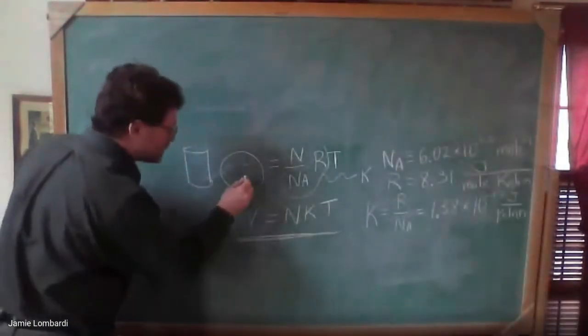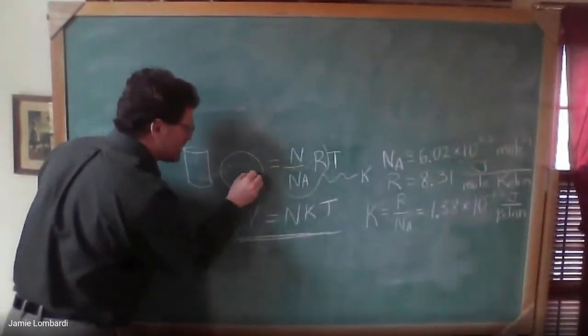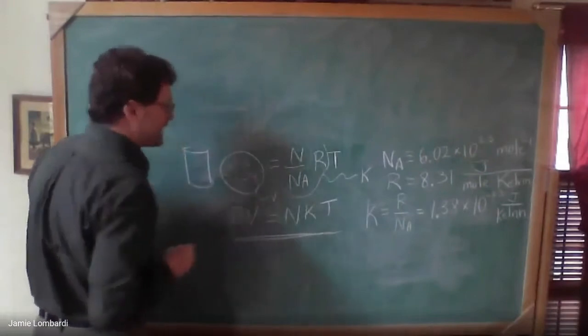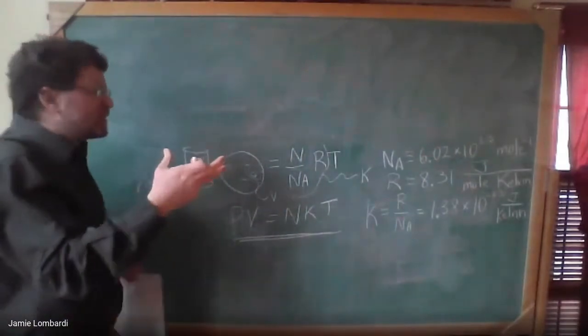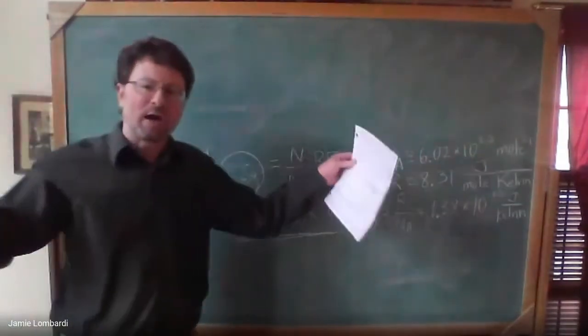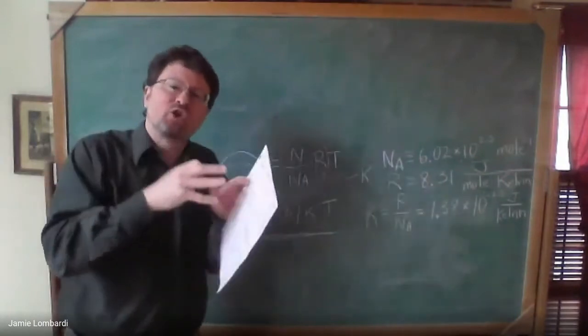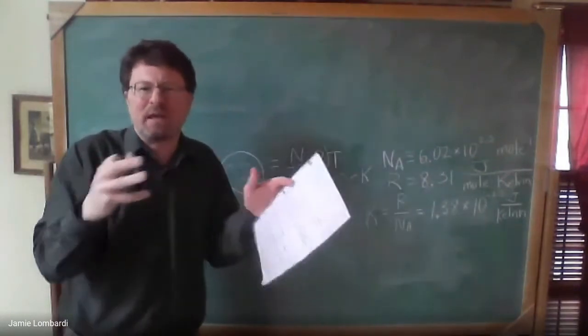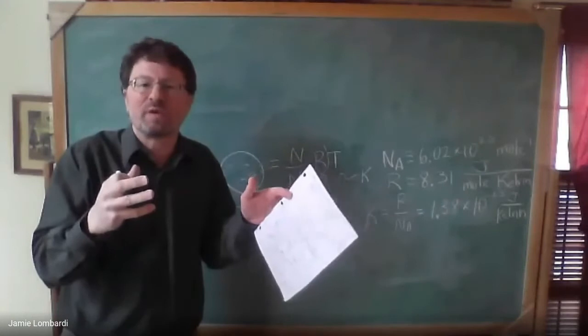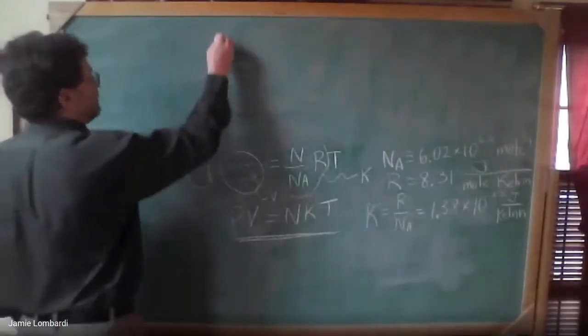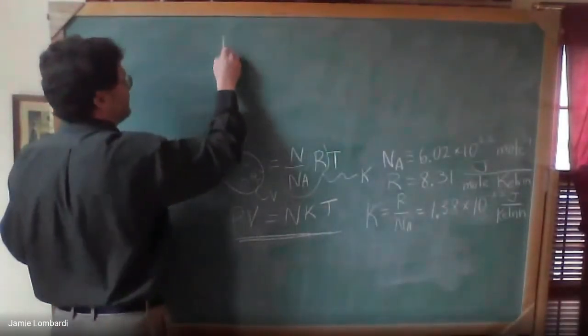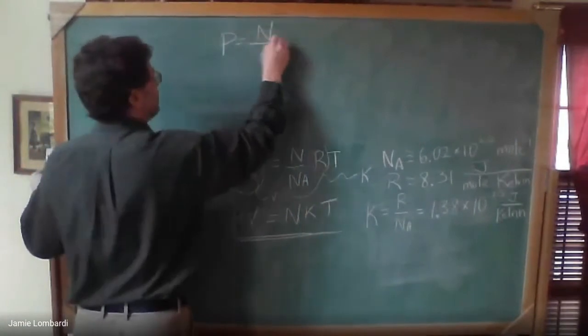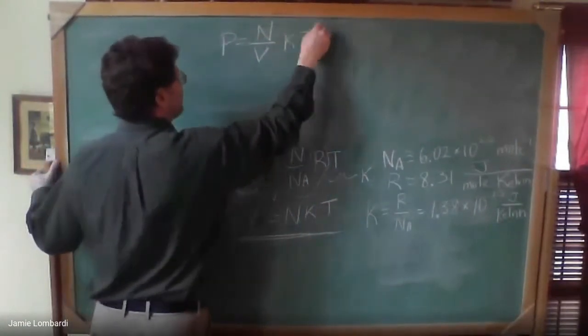And so imagine you're somewhere within the star and you take a little parcel of gas. It's small compared to the star as a whole, but it's large enough to contain many of your constituent particles within it. And if we've divided both sides by V, we get P equals N over V KT.